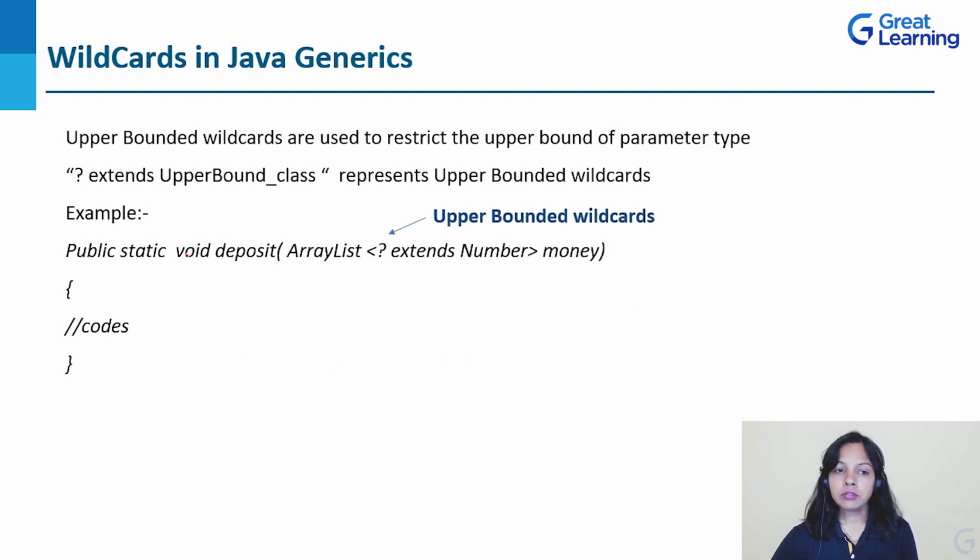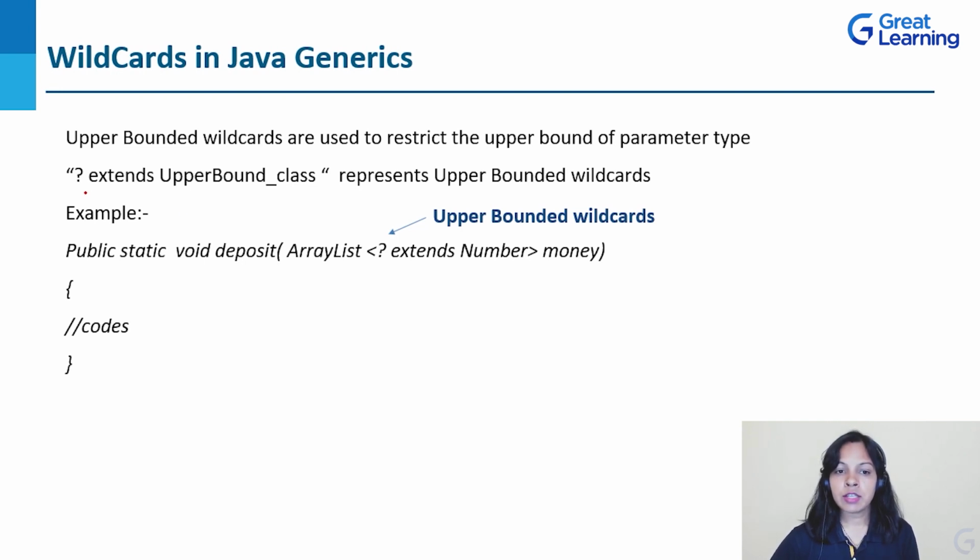Now, there are different types of wildcards. The unbounded wildcard we saw has no restriction on the type of the parameter. An upper bounded wildcard is where we put a restriction. A range is defined by defining an upper range for the parameter type.